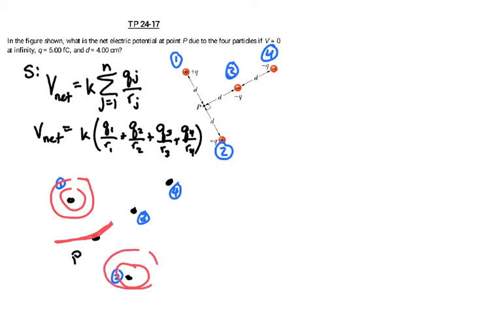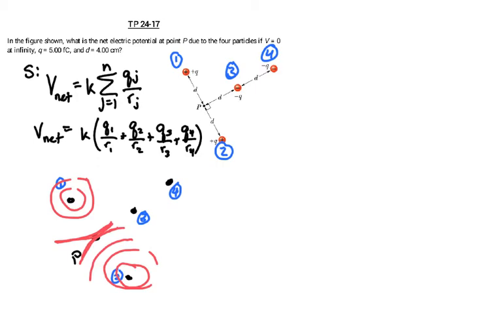And you can start to see that, hey, this looks a lot like contours on a map for a hilltop. Okay, so we have two positive charges that are creating two hilltops on either side of point P, and that would be the equivalent of a saddle formation on a map, or actually in real life on the ground.